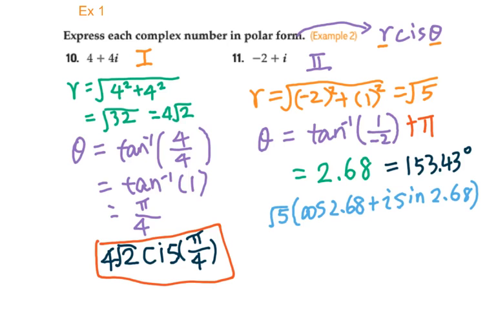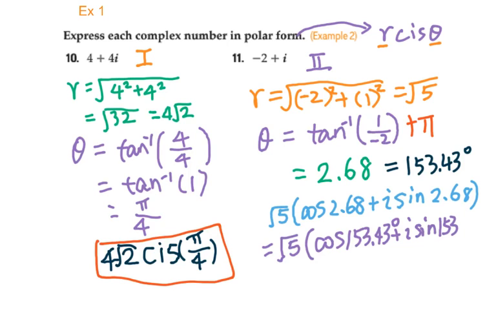Or you can use degrees: square root of 5 cosine 153.43 degrees plus i sine 153.43 degrees.